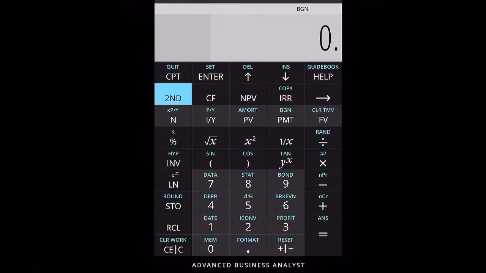So we can't leave it like this. We need to change it back. How do we change it back? The same steps. Second, begin, second, set. And now if I clear, the BGN is gone.